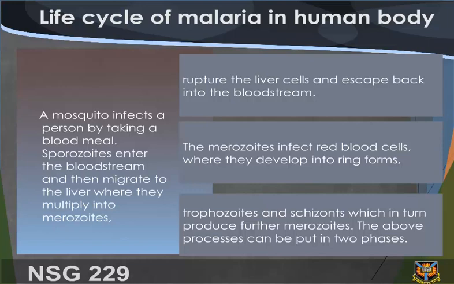The merozoites infect red blood cells, where they develop into ring forms, trophozoites, and schizonts, which in turn produce further merozoites. The above processes can be put in two phases.